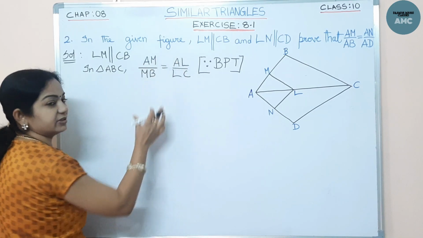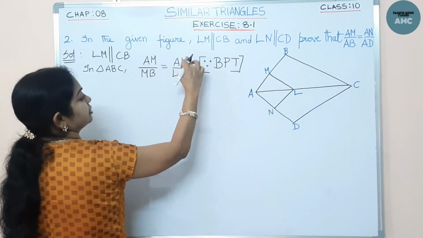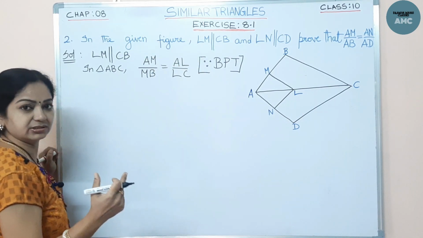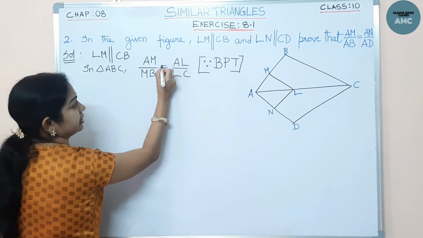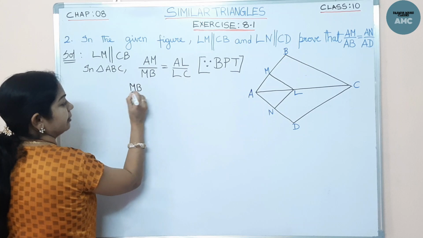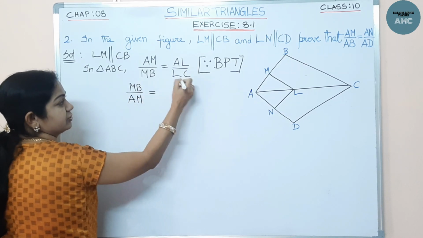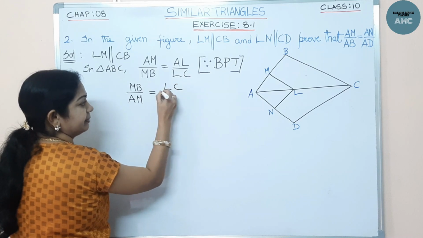Now I will reverse the denominator to the numerator. Let us reverse both sides. If I reverse both sides, there won't be any change in the equation, right? Here, MB I'll write on the top: MB by AM, and on the other side also reversed, LC by AL.